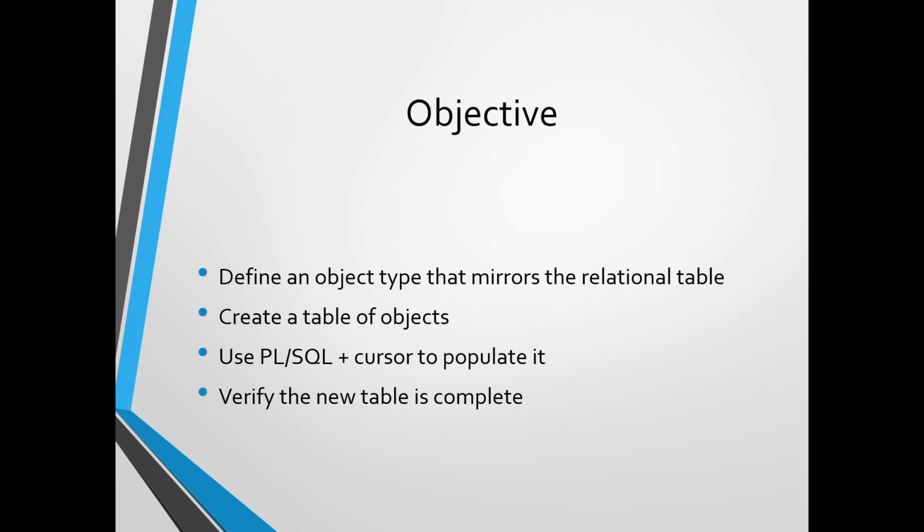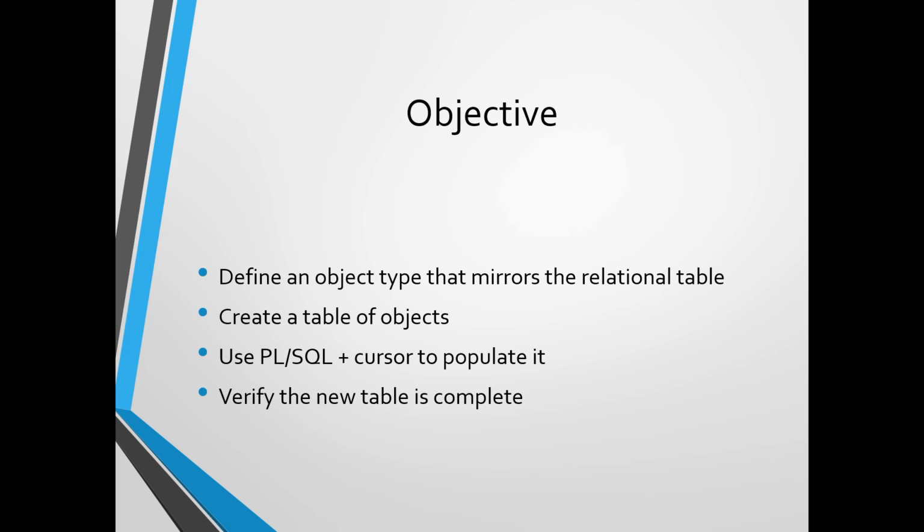First of all, we have to define the new object type that mirrors all the columns available in the original table, which is a relational table structure. Then we have to create a table of objects that will store all the objects in a single column. In the original table, we have 120 records.